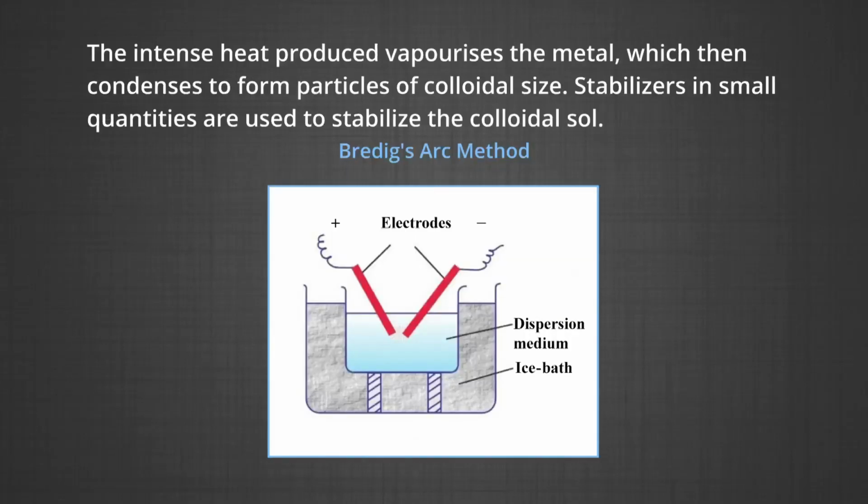You can refer to the figure for the explicit explanation. The intense heat produced vaporizes the metal, which then condenses to form particles of colloidal size. So, Bredig's arc method is clearly depicted in the figure.